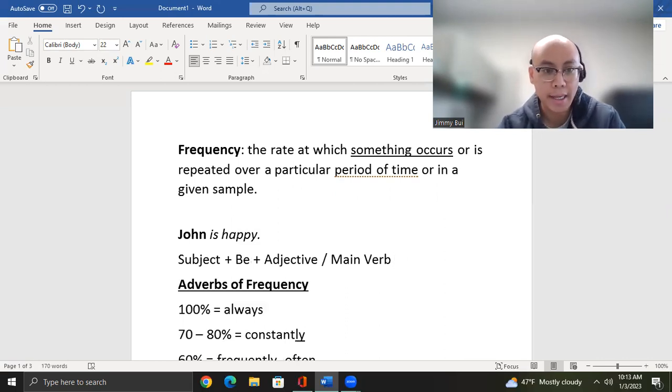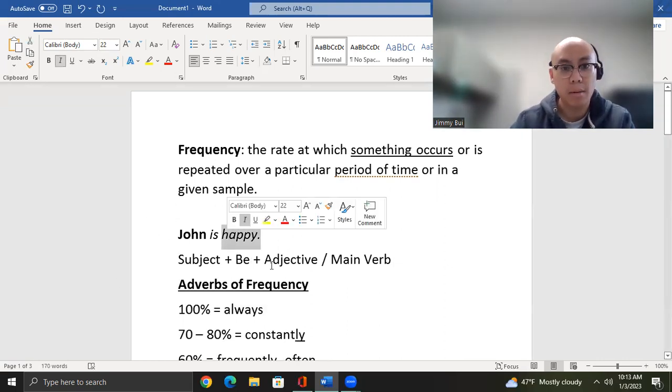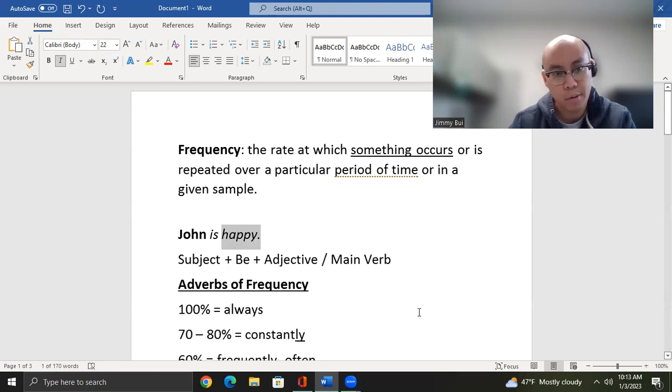The reason why is adverbs modify our adjective or verb. So John is happy. With an adverb of frequency, we're modifying the word happy, and when we modify it, we're showing how often John is happy.